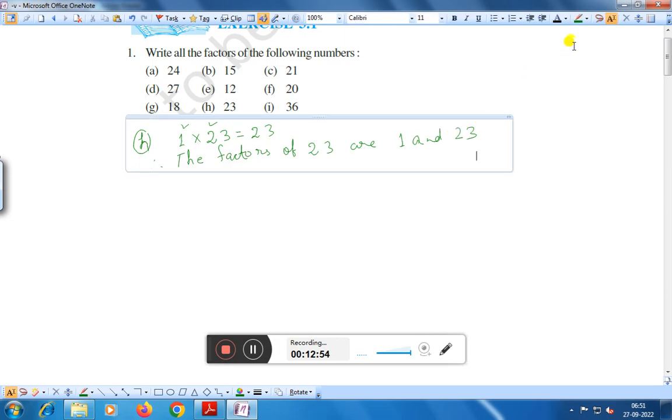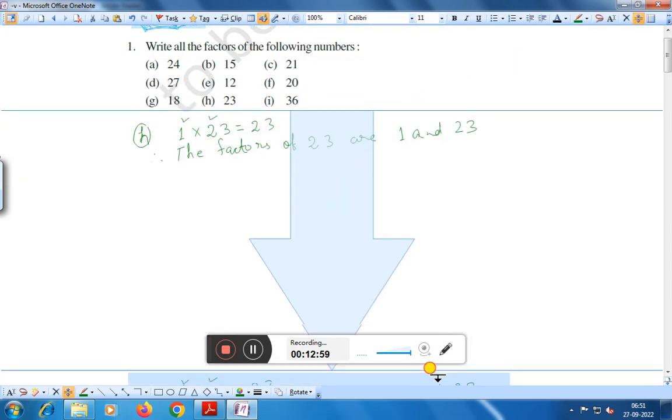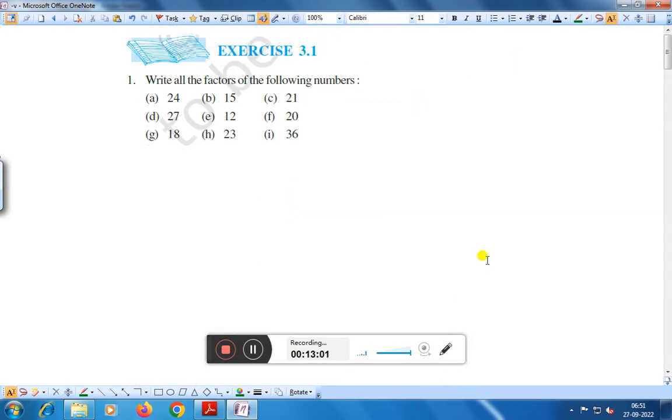Now we'll do the next question, that is I. We have to find the factors of 36. The number is 36. That means we can write 1 into 36 is equal to 36. 2 into 18 is also 36.